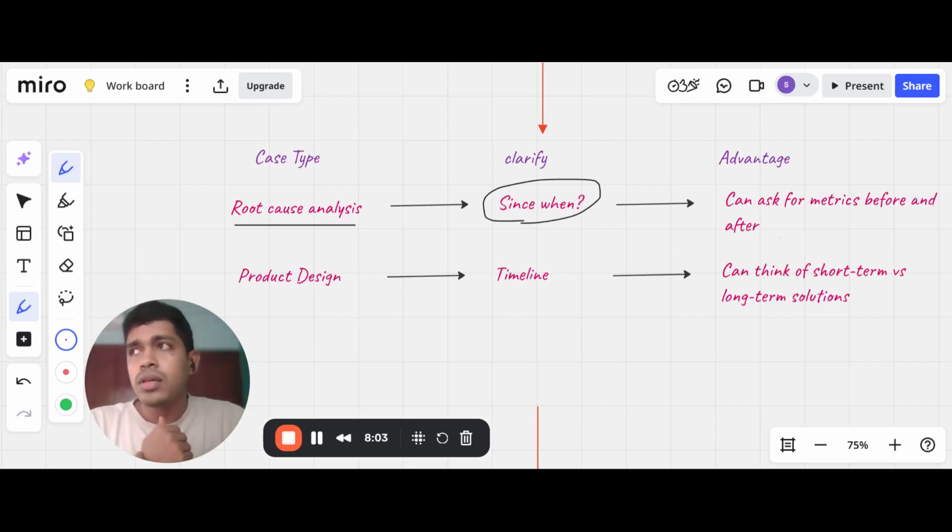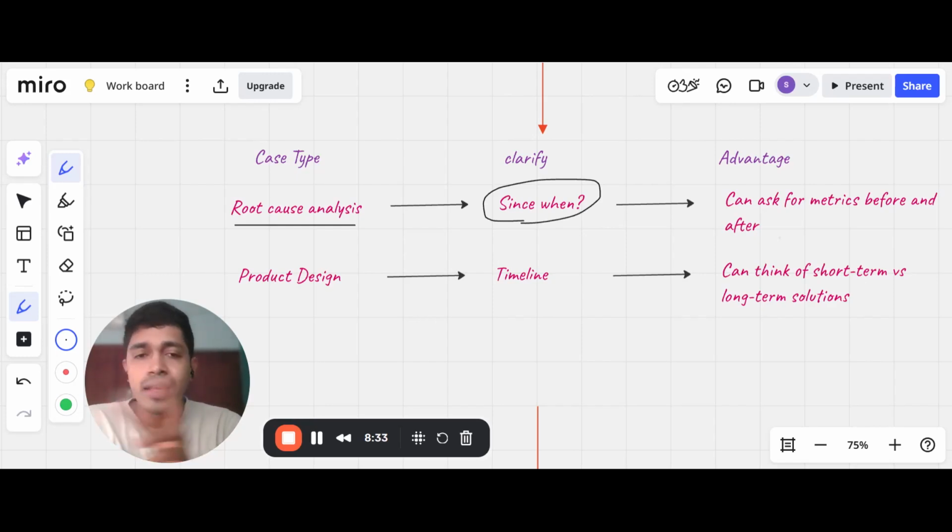For example, let's say one question is that there is some drop in usage that started happening since last 1 month. So I can take 5 different features and ask the interviewer that, okay, before 1 month, how was the usage of these features looking like? What percentage of users were using these features? And after, since 1 month, what are the numbers?